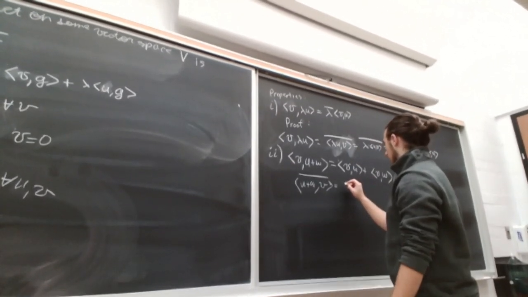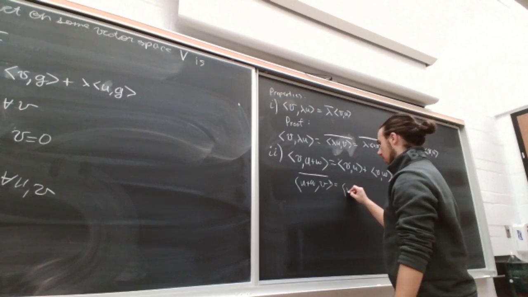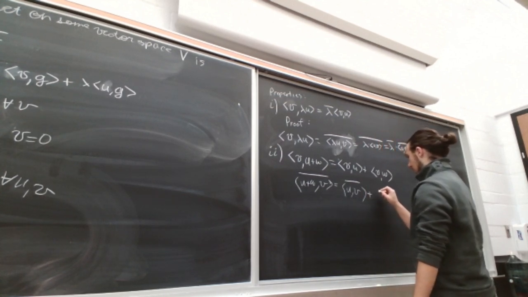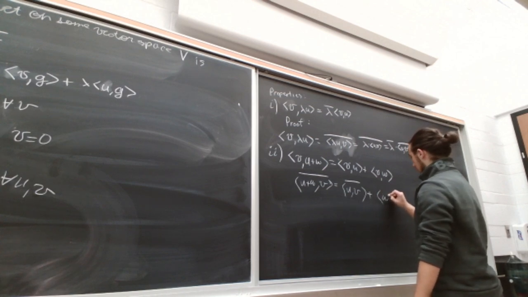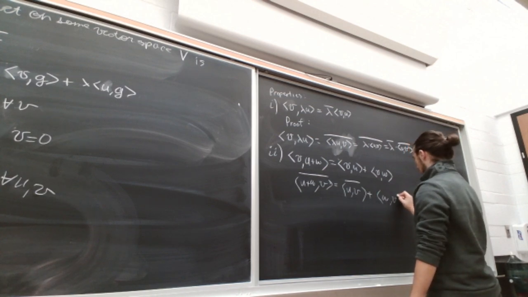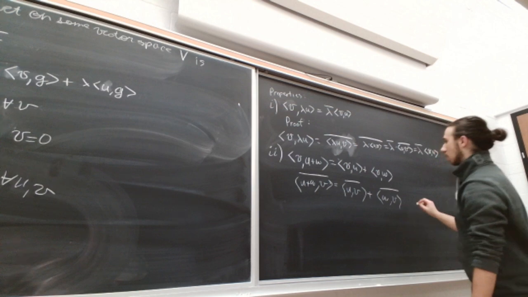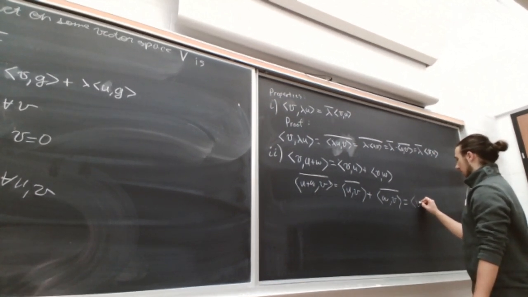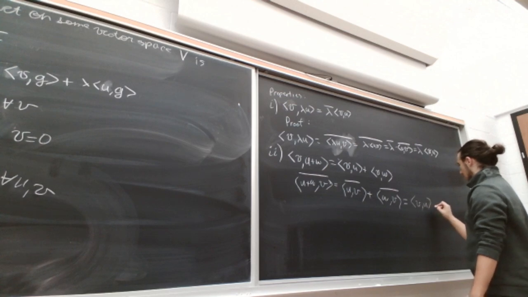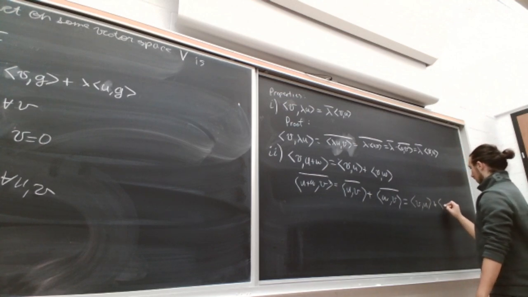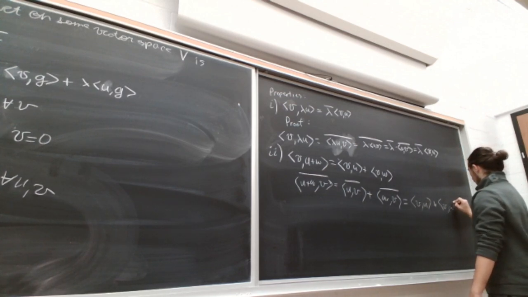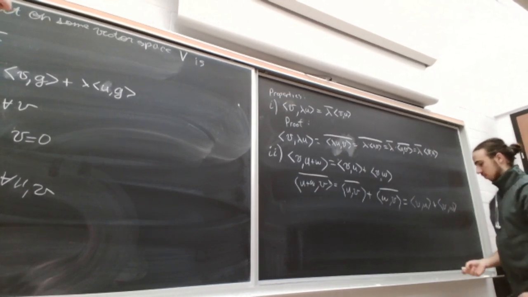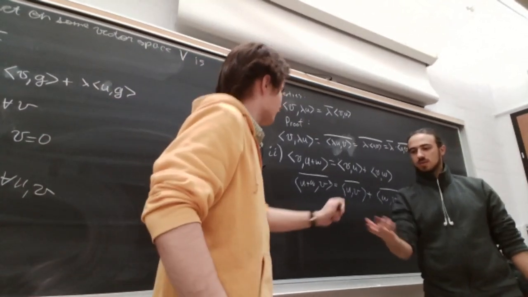So then it's going to be <u, v> plus <w, v>, which then equals, and now you just unswap them, <v, u> plus <v, w>. And therefore you conclude the result.